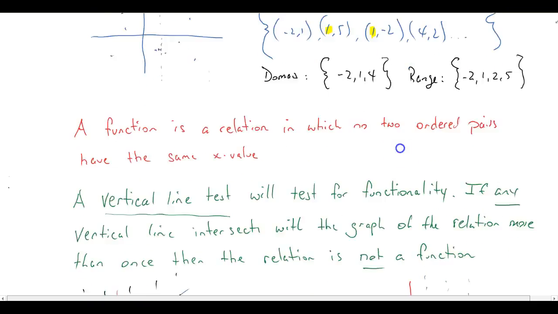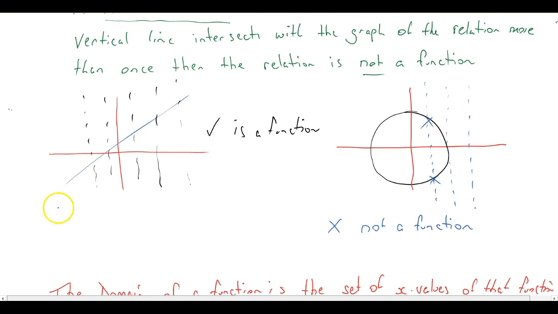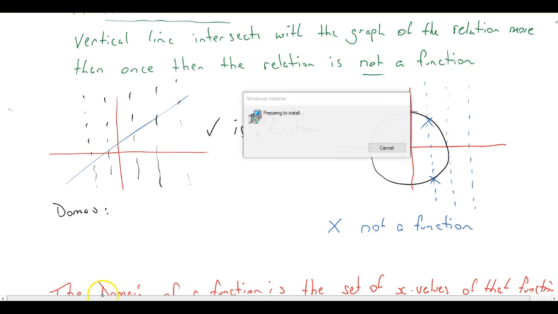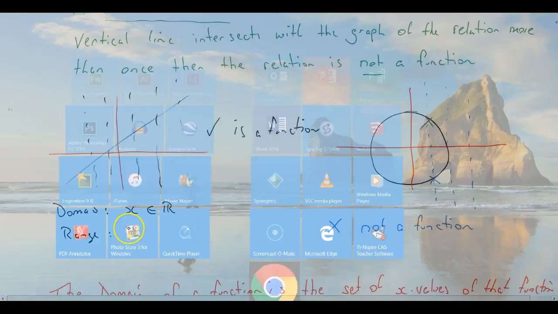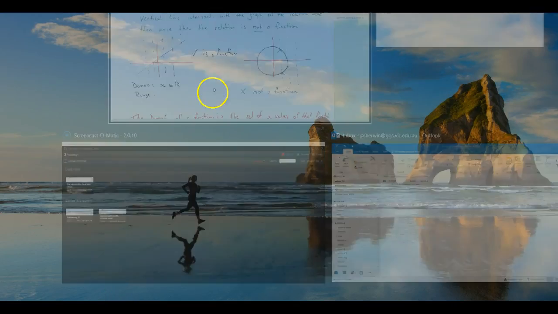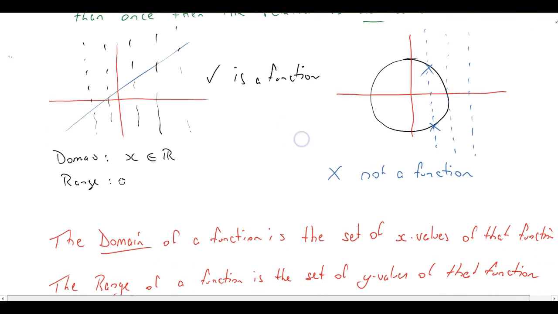Now, for a straight line such as this one, our domain here would be all real numbers. So we write that as x is an element of the real numbers, and our range, likewise, all real numbers. I apologize for the screen darting around like this. y is an element of the real numbers because on this line we have x from negative infinity to infinity and also y.